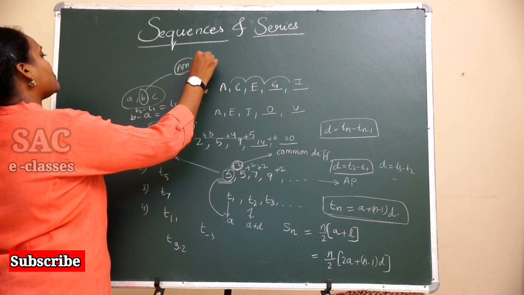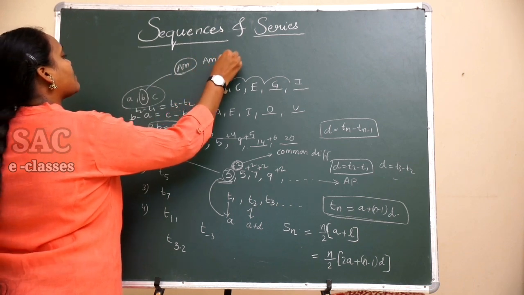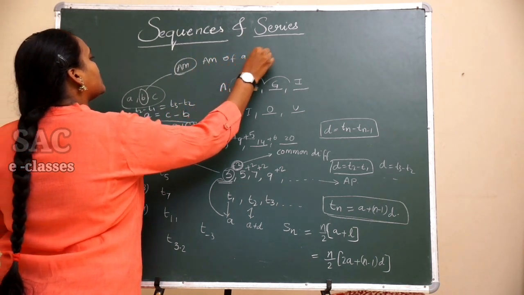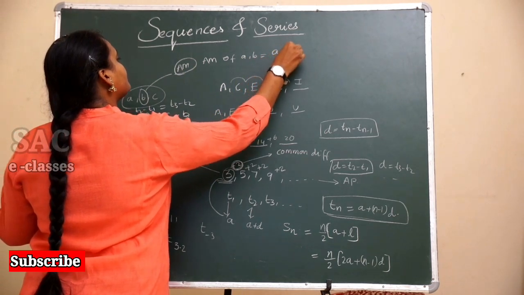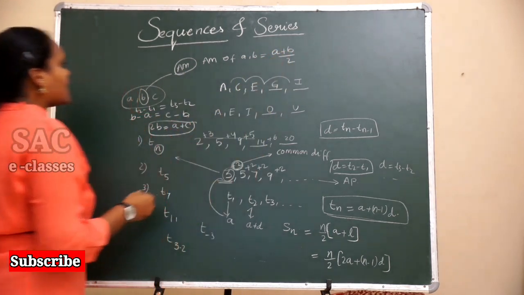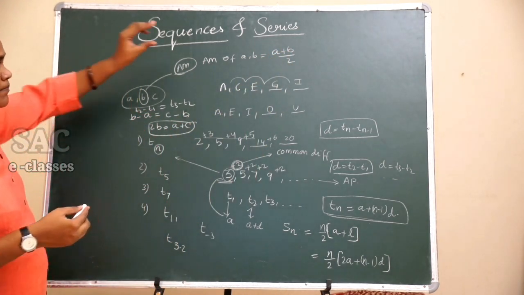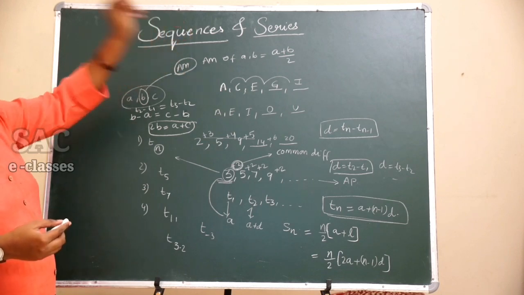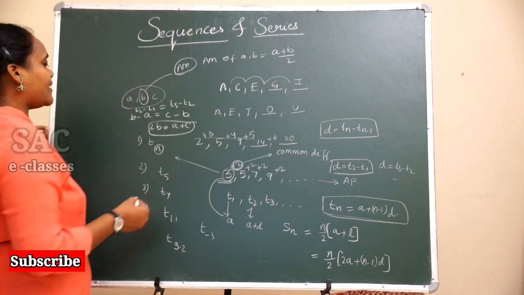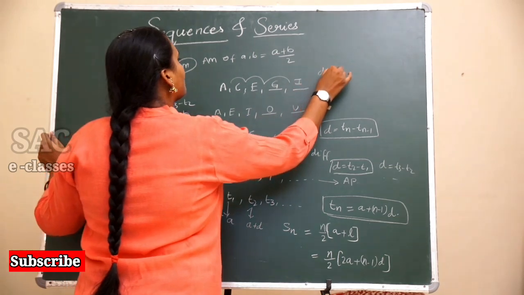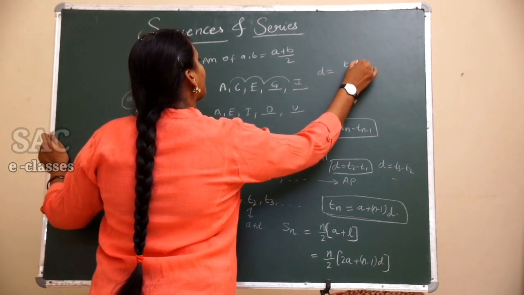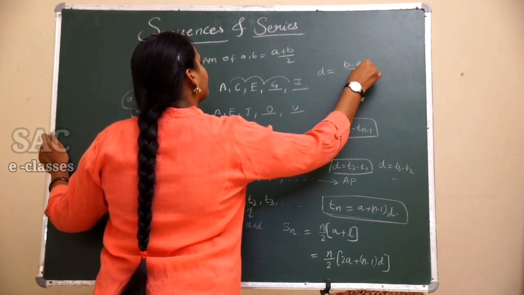The arithmetic mean of any two numbers A comma B is equal to A plus B by 2. If n arithmetic means are placed in between any two numbers A and B, then the common difference is equal to B minus A by n plus 1.